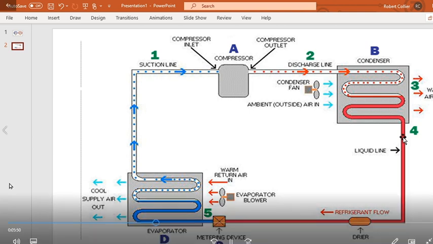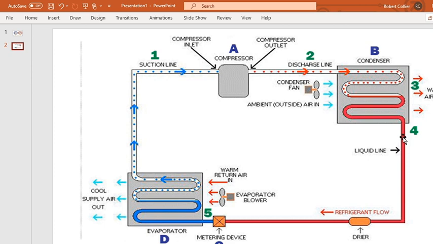But that's what the process is. You're taking this high pressure, high temperature gas, pushing it through the condensing coil outside. The air from outside is blown across it, relieving the heat from the refrigerant, and it changes the state.